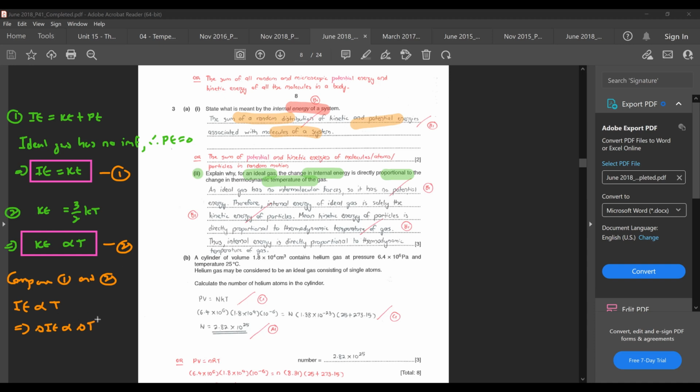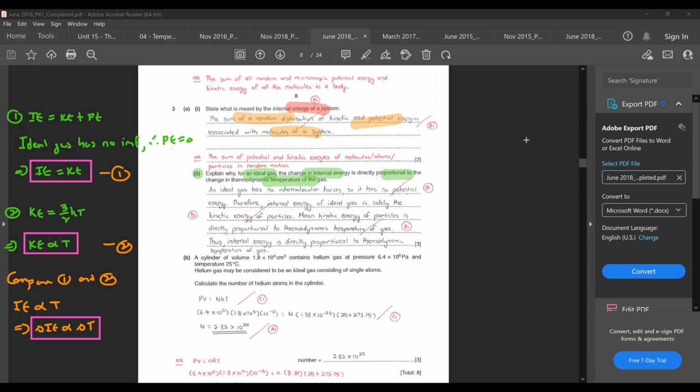Okay, so this is what you are supposed to get. This one, you could say that KE is 3 over 2 kT, so KE is proportional to T. Okay, so this is the actual derivation of the equations.